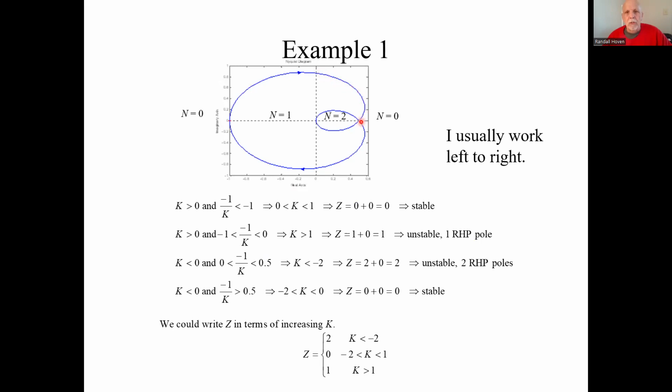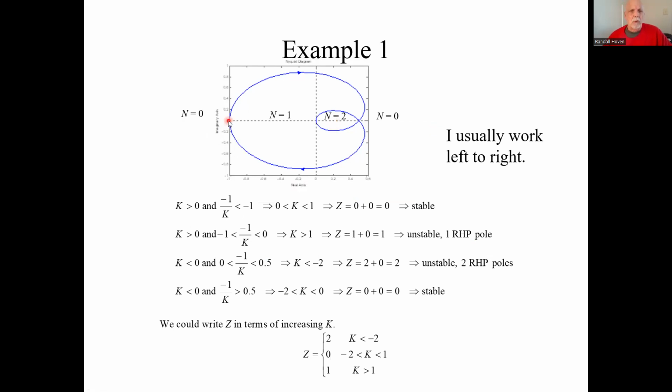Follow this around. This guy is still going clockwise. Pick a point here, out to infinity. There's 1 clockwise crossing, 2 clockwise crossings, n equals 2. Then to the right of this point, n equals 0 again. I work left to right.